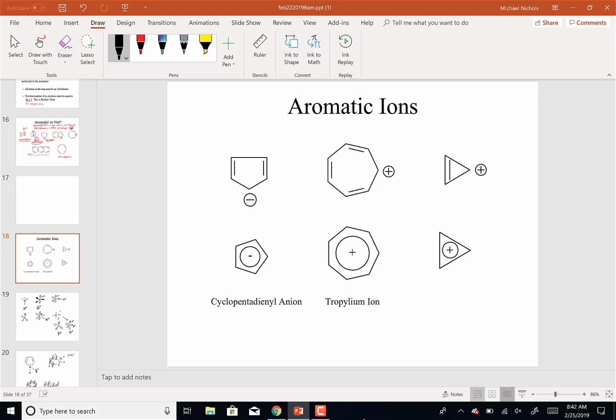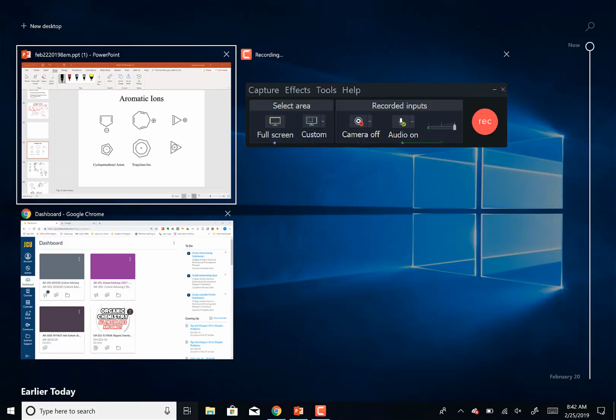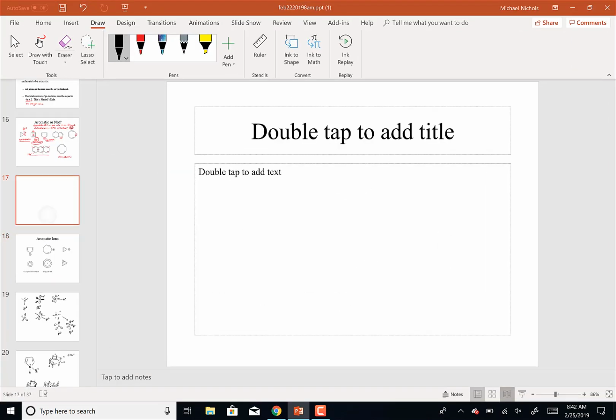Because we know that an ion itself means that it's not a neutral charge, and anything that's super stable wants to be neutral. So again, super stable compared to another, let's say, cation. So let's, for instance, take the cyclopropyl cation.